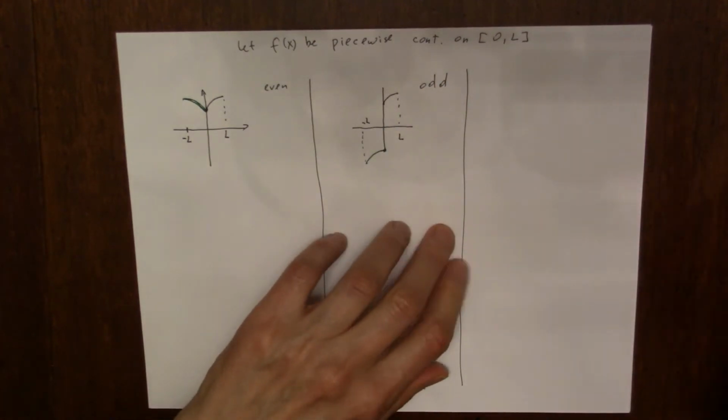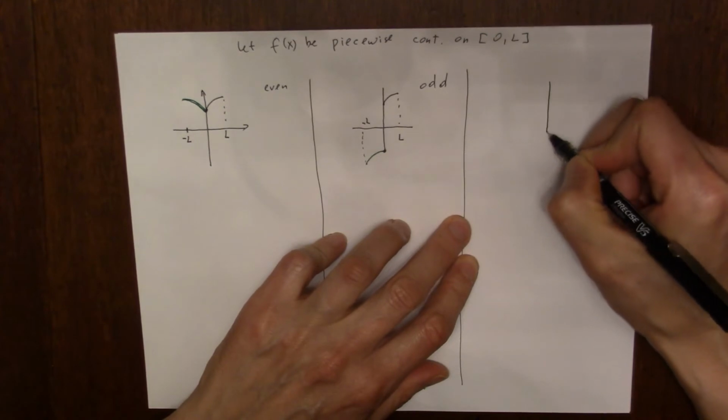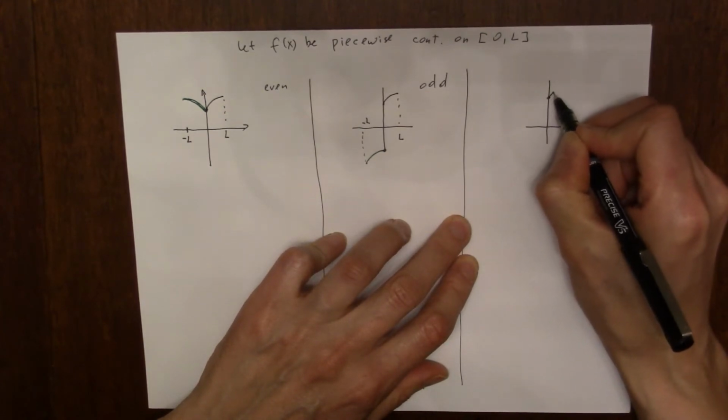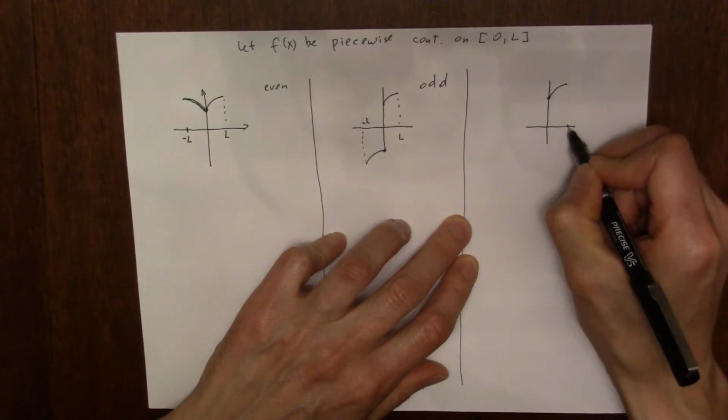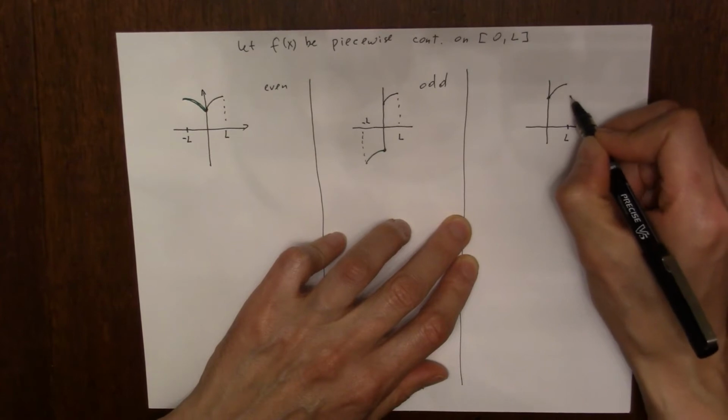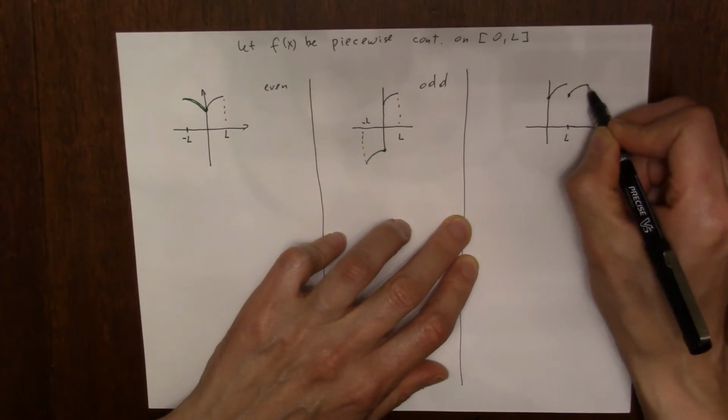Or we can pretend that from 0 to L, the function is the whole period, and function will start repeating itself afterwards.